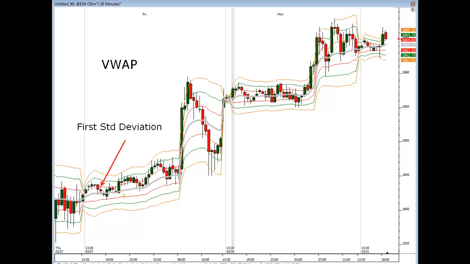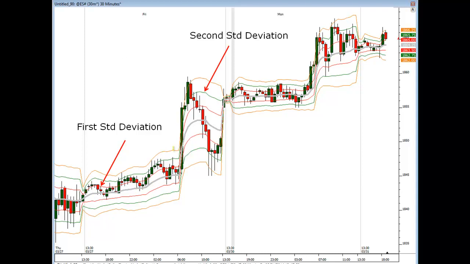Now, the lines that you see, these colorful lines that extend out, this is our main trunk line of the VWAP. It's the light gray line. And there are 3 lines above it and 3 lines below it. The first level above it and the first level below it are both one standard deviation away from the VWAP.